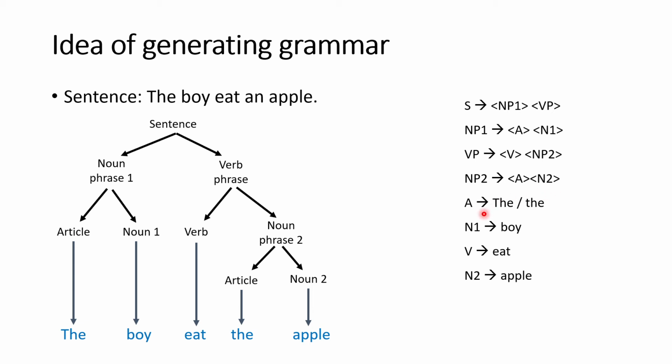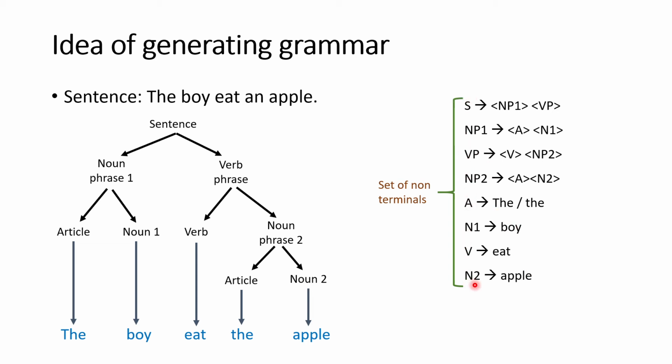Now how are A, N1, V, NP2 differentiated from the, boy, eat, apple, all these words? We can say that these are what we call non-terminals.